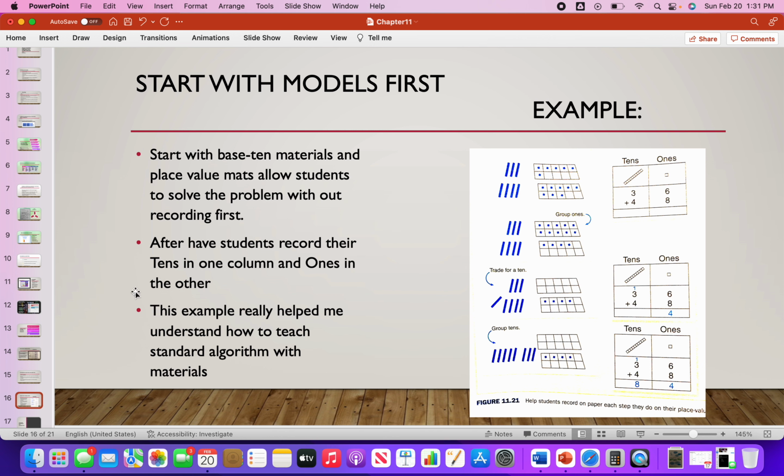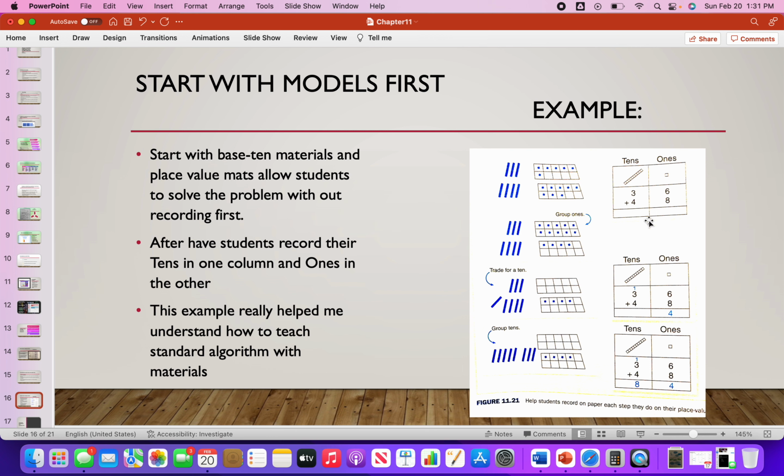And you're going to want to start with models first. This was kind of confusing for me because I didn't really understand how you would use models with the standard algorithm. But after looking at this example from the book, it made a lot more sense to me. So you're going to want to start with base 10 materials and place value mats. After that, you'll have students record their tens in the one column and ones in the other.